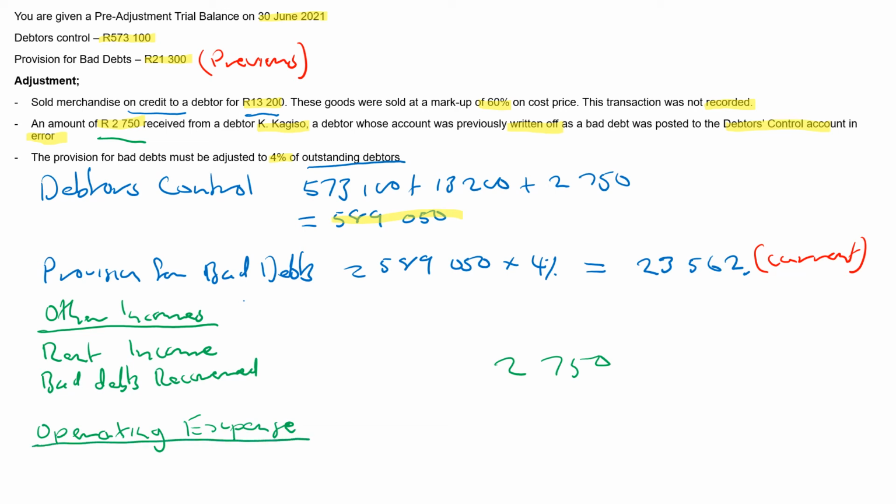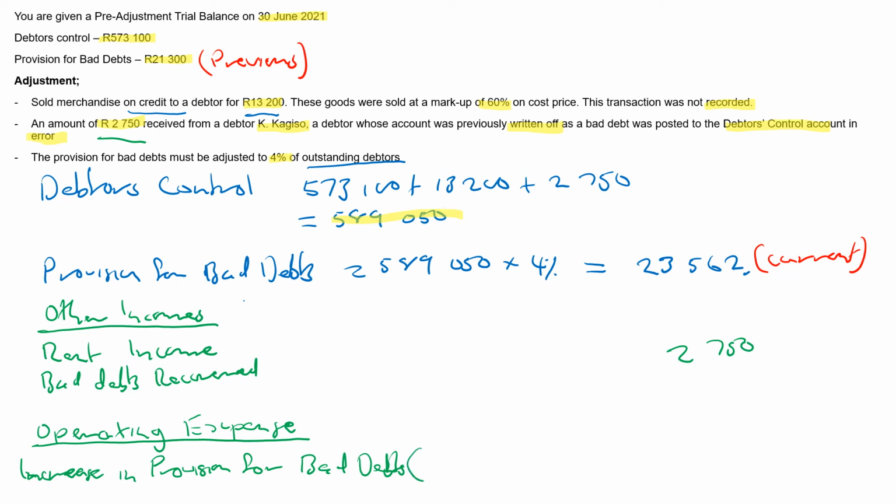Under operating expenses you'll have increase in provision for bad debts, which is given by 23,562 minus 21,300.